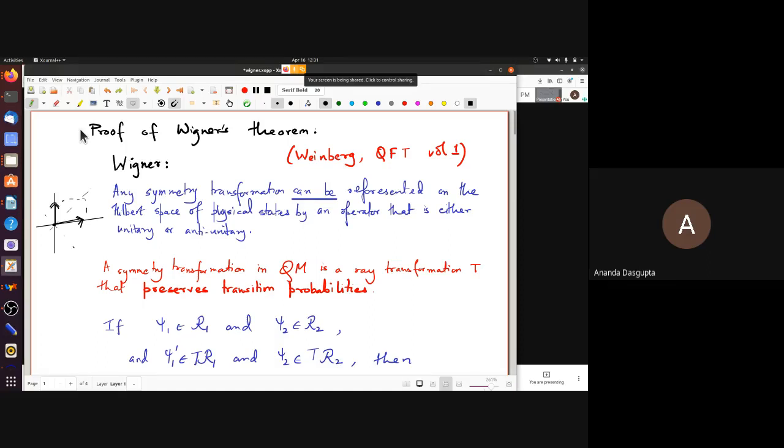So this is precisely why, despite the fact that rays are really what you want to work with, you can't. You have to work with vectors, and then keep track of the fact that states are always really represented by rays and not vectors, which is precisely why, when you're choosing one vector out of a ray, you insist on normalization.